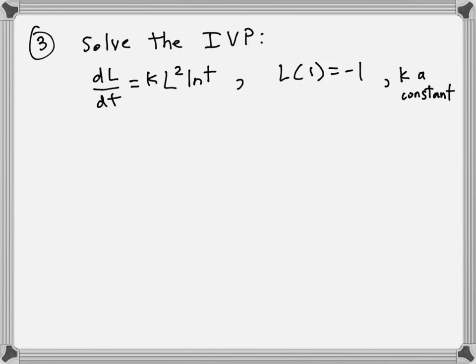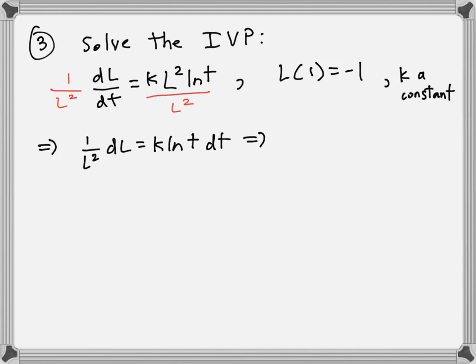If I divide both sides here by L squared, and also if I move the dt over, I get 1 over L squared dL is equal to k ln of t dt. Or, easier to integrate if I write it this way: L to the -2 dL is equal to k ln of t dt. And now I'm just going to integrate both sides.